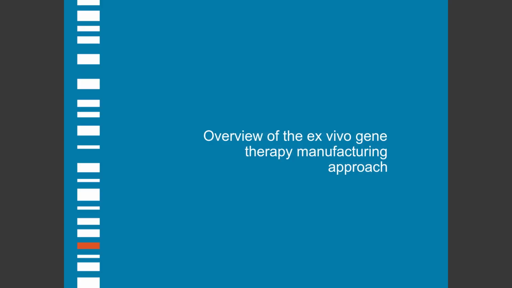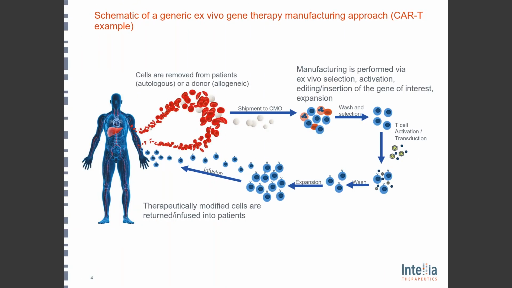So we'll start with the overview of the ex vivo gene therapy manufacturing approach. So this is a schematic of a very generic ex vivo gene therapy manufacturing approach showing a CAR T example. Cells are removed from either the patient for an autologous therapy or a donor for an allogeneic therapy. They're shipped to your manufacturing organization where manufacturing is performed via ex vivo selection, activation, editing, insertion of the gene of interest, and expansion.